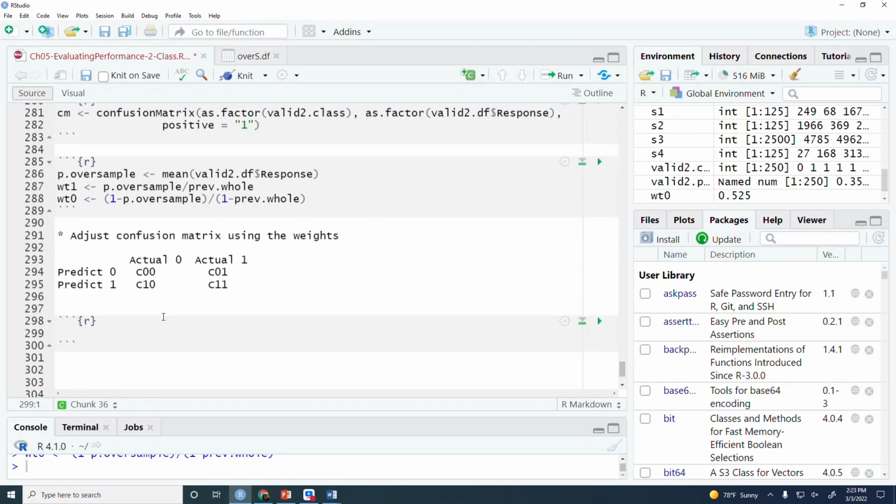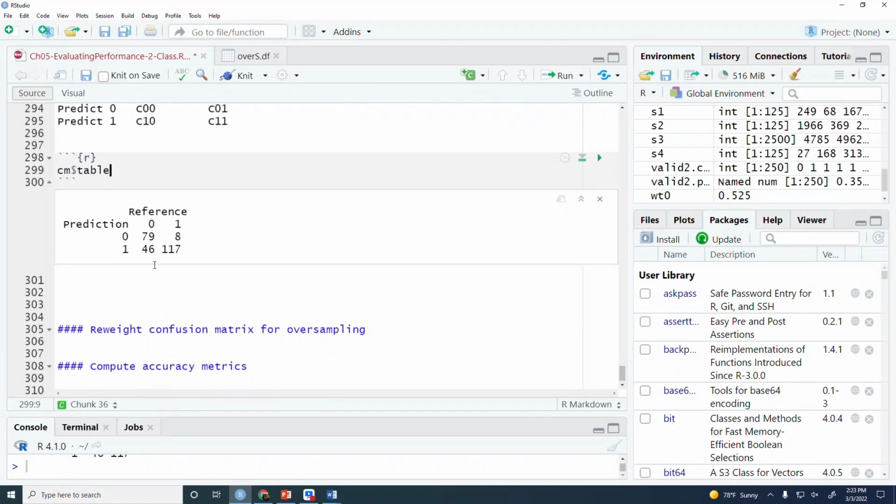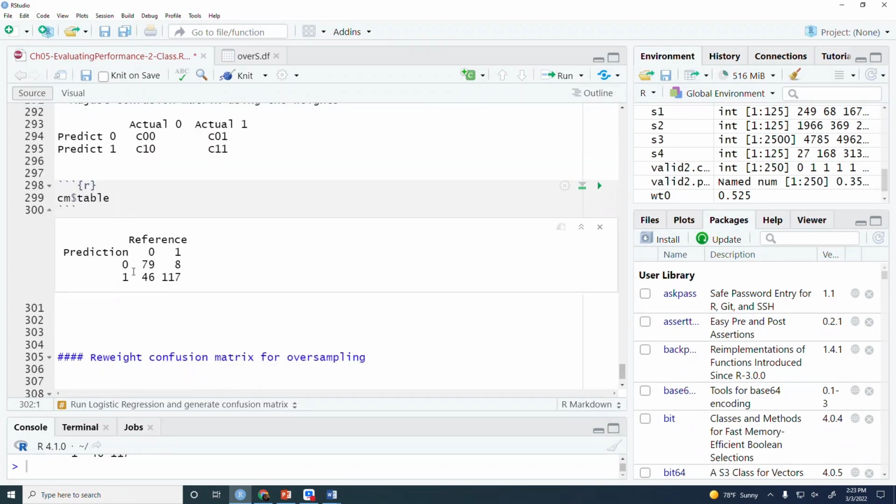CM, what is it? Is it a table? Okay, so this is what we have. This is your actual, this is your prediction. Actuals are in columns, predictions are in rows.